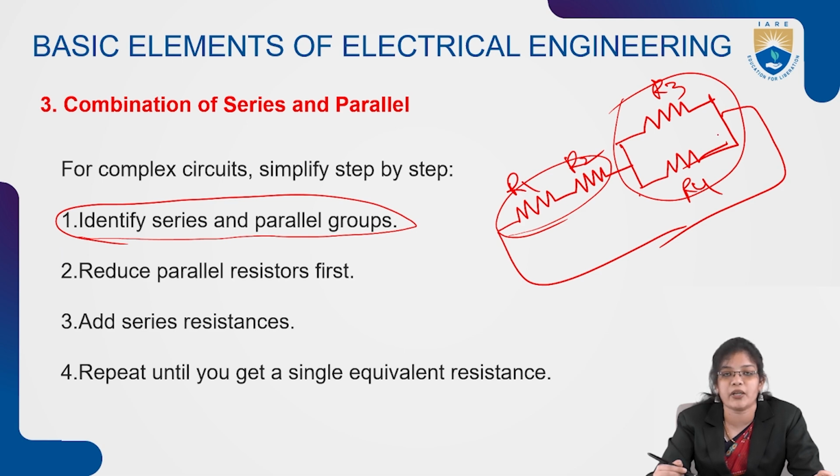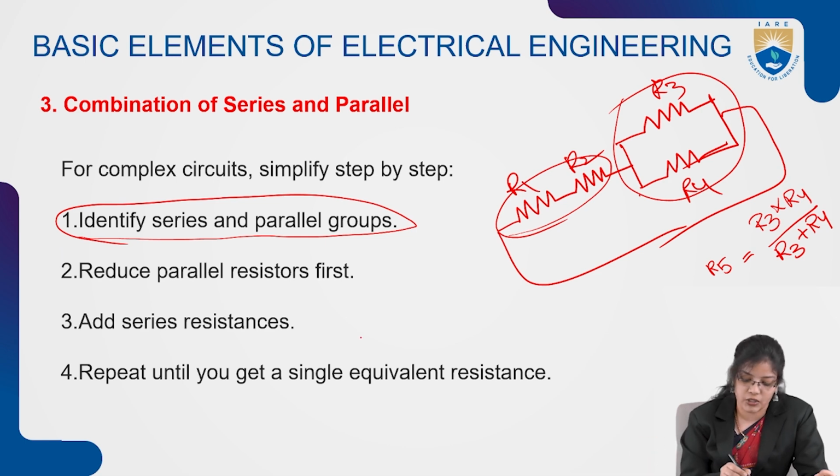I have already mentioned in the previous slide, when two resistors are connected in parallel, we have to calculate in this way, which is R3 into R4 by R3 plus R4. Now, after reducing this circuit, we will get a value which will be taken as R5.